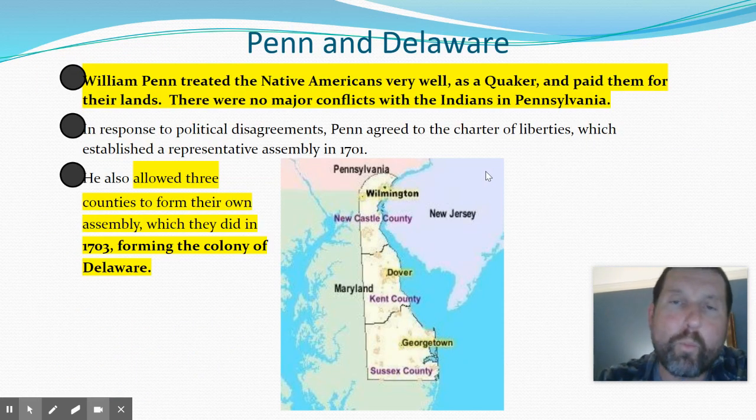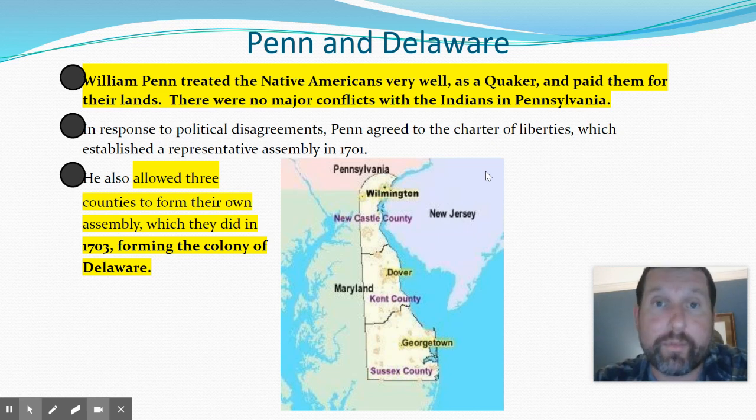William Penn, as a Quaker, is notable and unique for his treatment of Native Americans. He actually treated the Native Americans very well. This was in his ethos, right? As a Quaker, he paid them for their lands. There were no major conflicts, and we'll see that's obviously not going to be the case with other regions and other colonies and other leaders, but there were no major conflicts between the Indians and the Quakers of Pennsylvania.